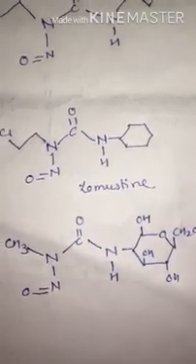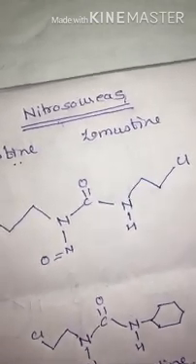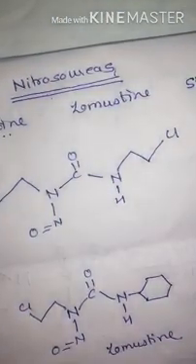Now all these three drugs, carmustine, lomustine, streptozocin, they metabolize first and generate a carbonium ion that can alkylate our DNA, and an isocyanate ion that can carbamoylate.